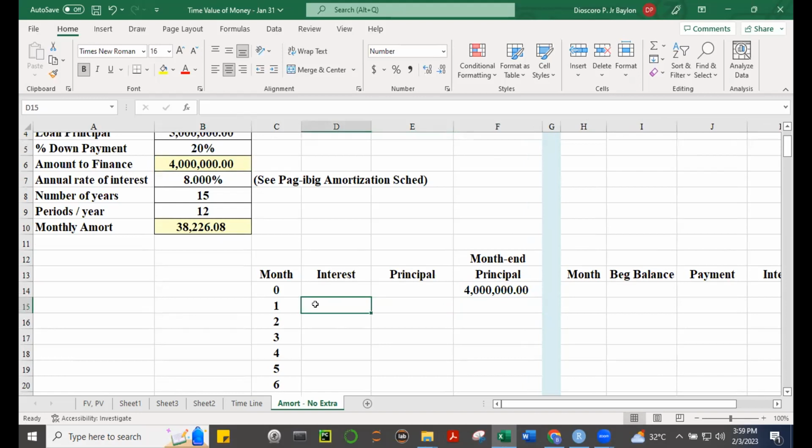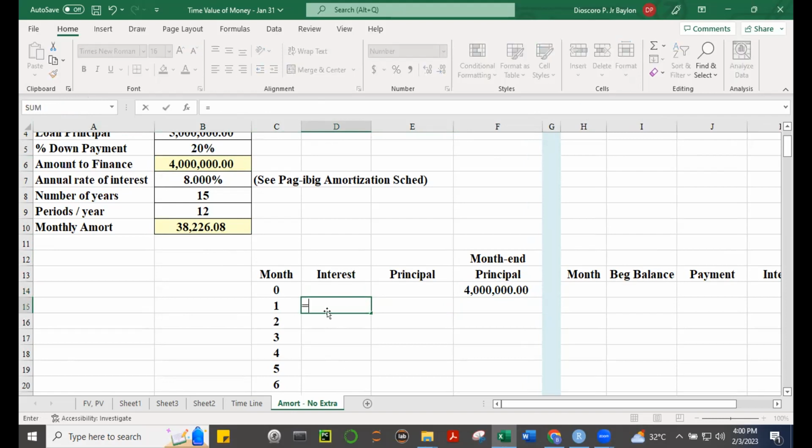All right. Then at the end of the first month, we will now be paying. And the amount that we'll be paying is this monthly amortization, this 38,226. So how much will be the interest?